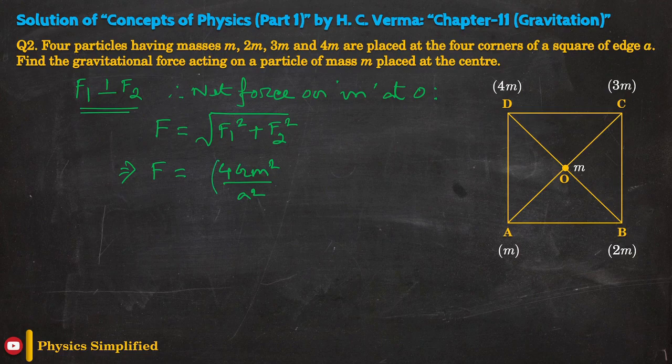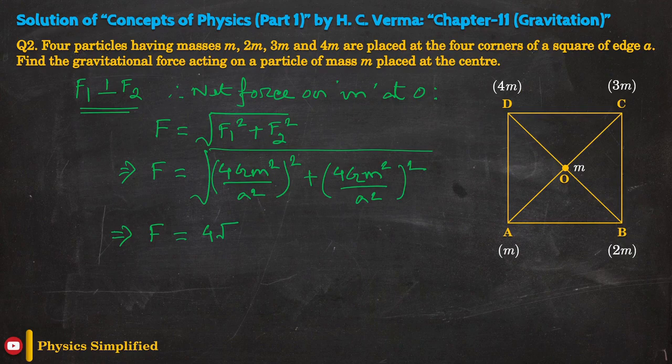So it will be (4Gm² by a²) whole squared plus again (4Gm² by a²) whole squared, both under the square root. If we simplify, then the magnitude of the resultant of F1 and F2 will be equal to 4√2 Gm² divided by a².